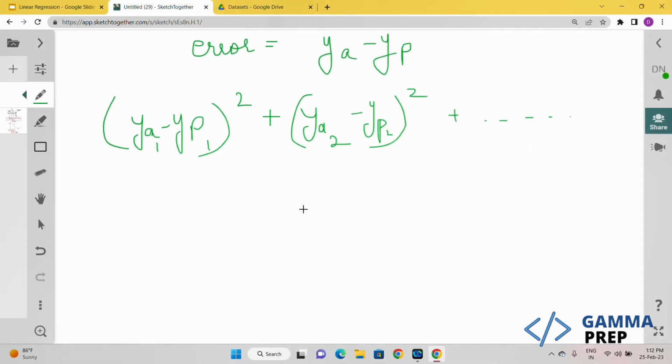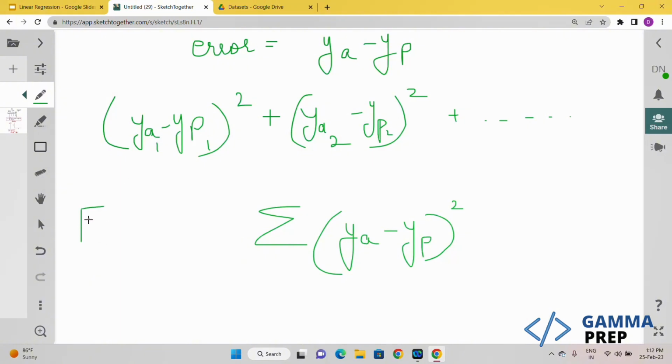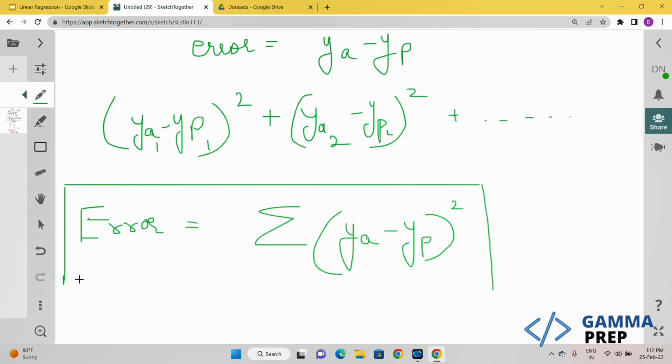That's why we take the square term. So basically we have the summation of y actual minus y predicted whole square, for all the points. So this is the total error.